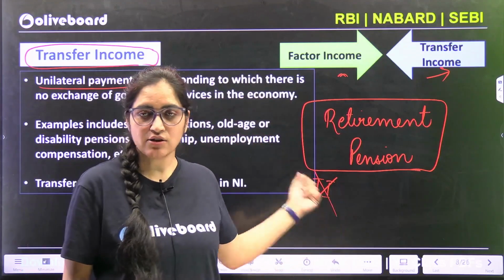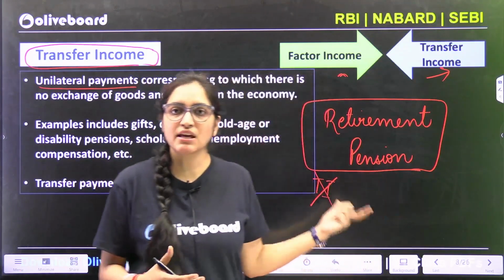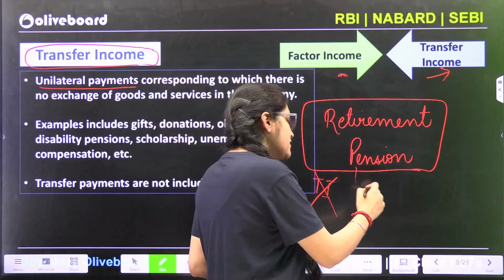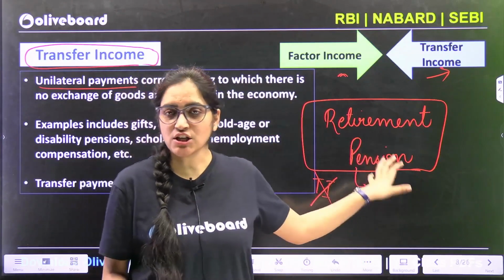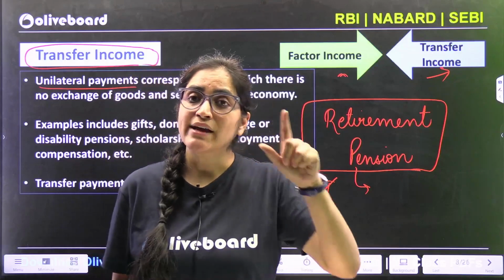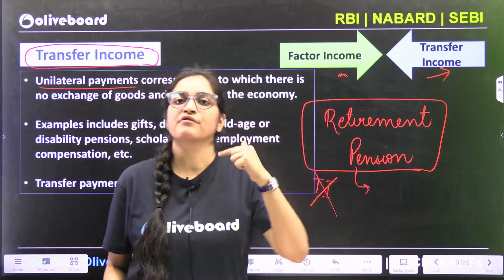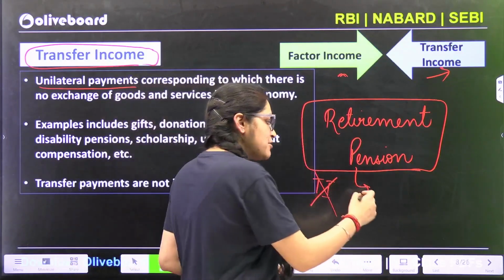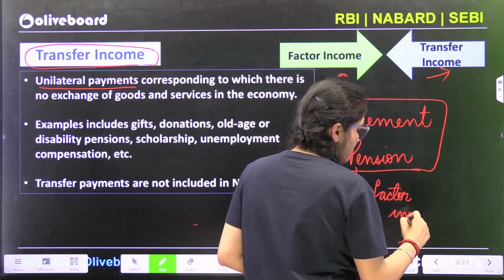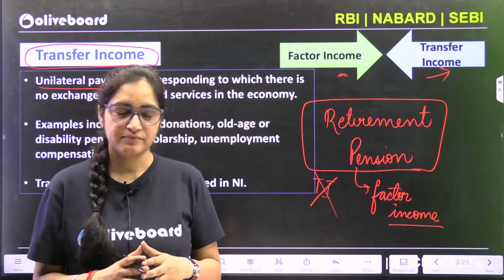Since major pensions were being classified under transfer income, why am I saying retirement pension is not a transfer income? Because the pension that you are getting now was your contribution that you made while you were in service. Since you have already rendered the service, retirement pension is classified as your factor income. Please be clear with this. I hope that's clear to you all. Next thing.